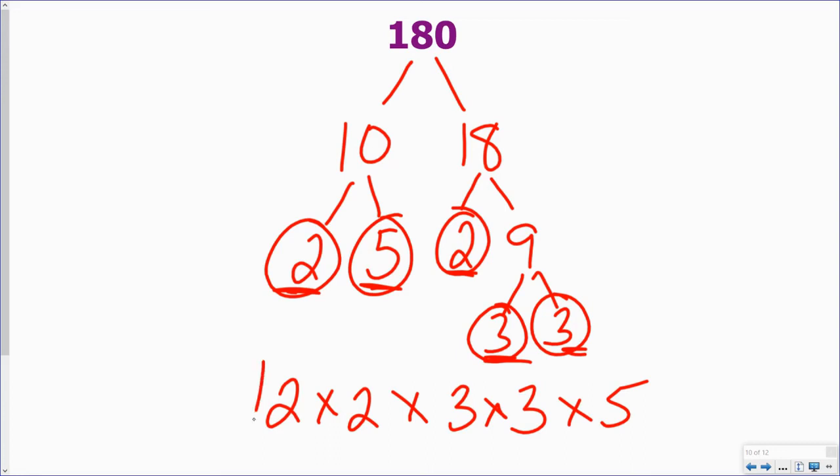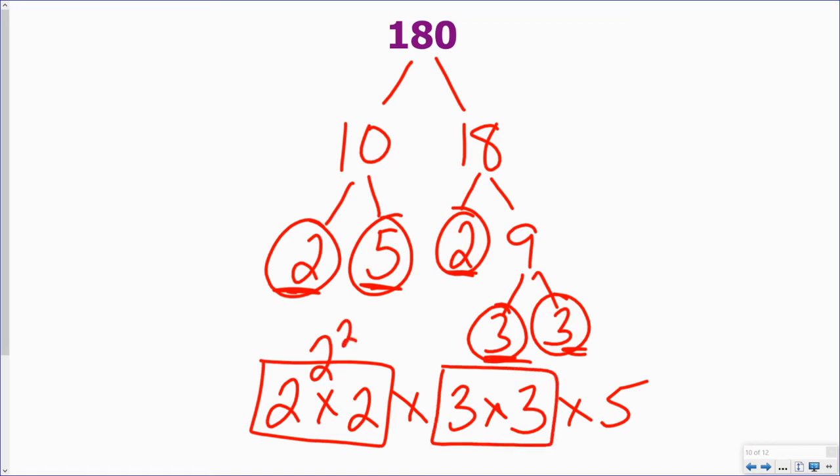Again, if I look at here, right now I have it in expanded form and I want to put it into exponent form. I have 2 times itself 2 times, which is the same as 2 squared. I have 3 times itself, so there's 2 3's there. So that's 3 squared. And I only have 1 5, so I'm really not going to do anything with that.